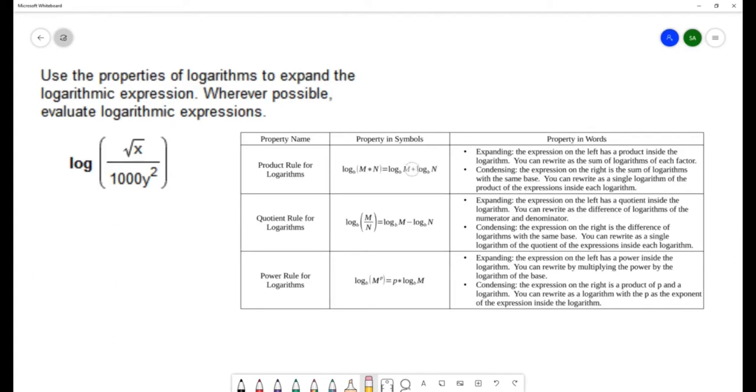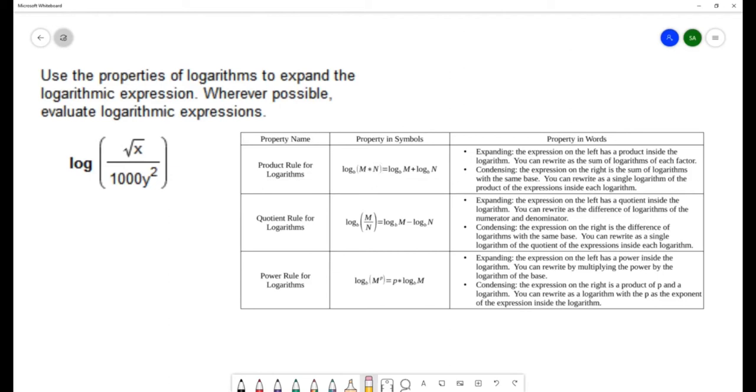The product rule allows you to take an expression that is multiplied and turn it into the sum of two logarithms. And the quotient rule allows you to take a quotient or division inside the logarithm and turn it into the subtraction of two logarithms. What I like to do is use these two properties at the same time.